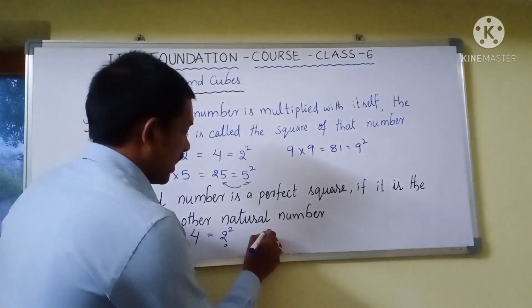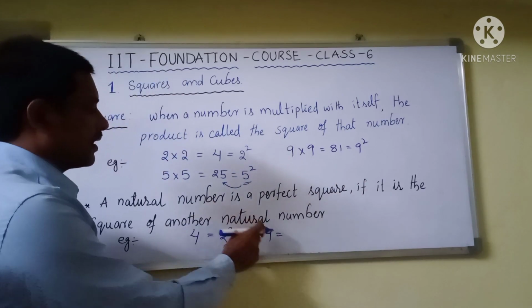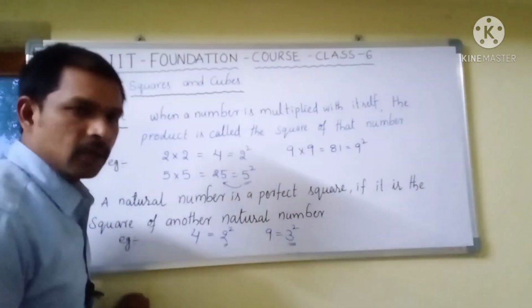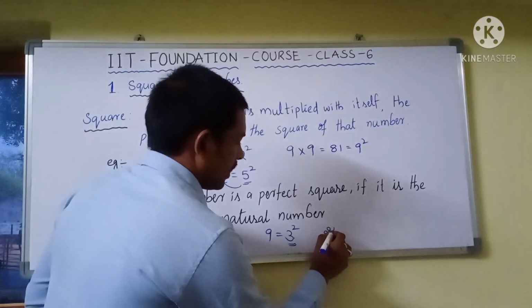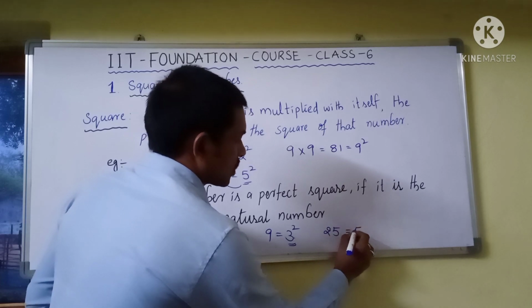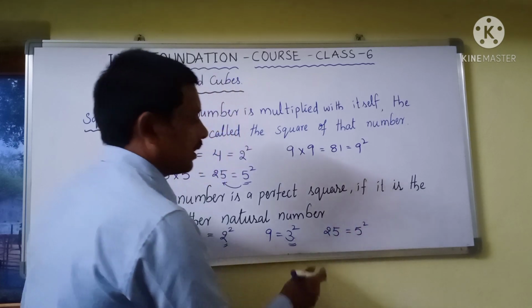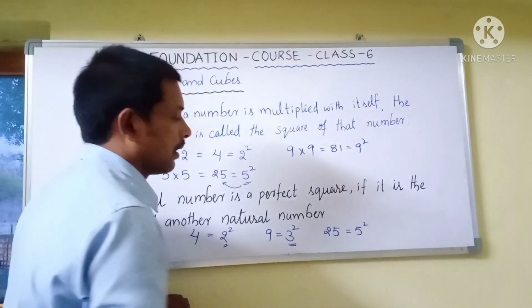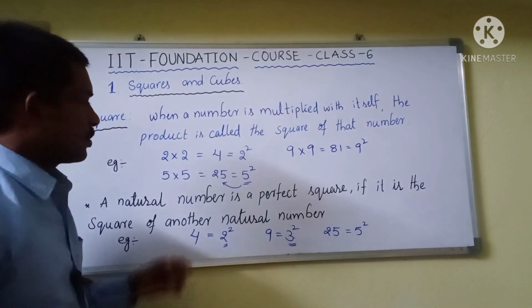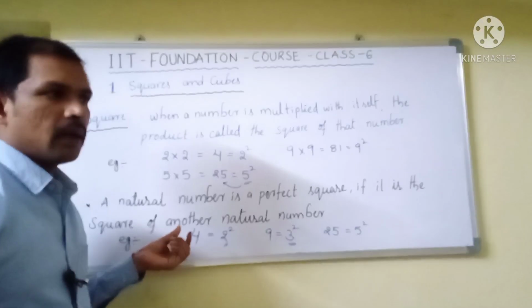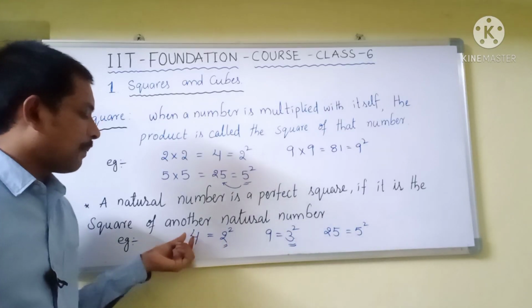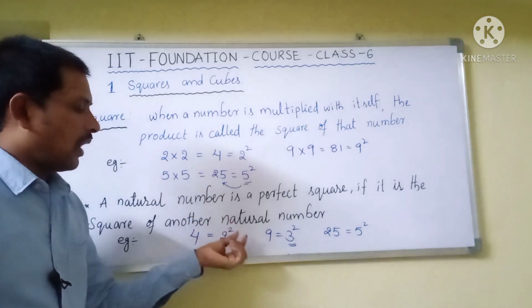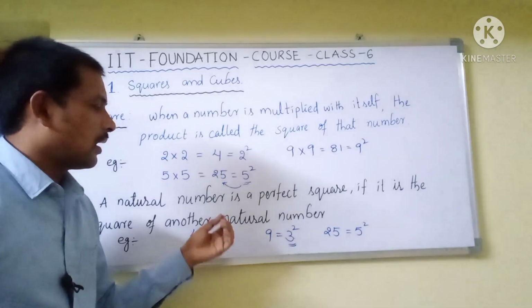9 is a perfect square, because it is the square of another natural number, 3. For example, 25 is a perfect square, because 25 is the square of another natural number, 5. If a number is going to be a perfect square, it should be the square of some natural number.